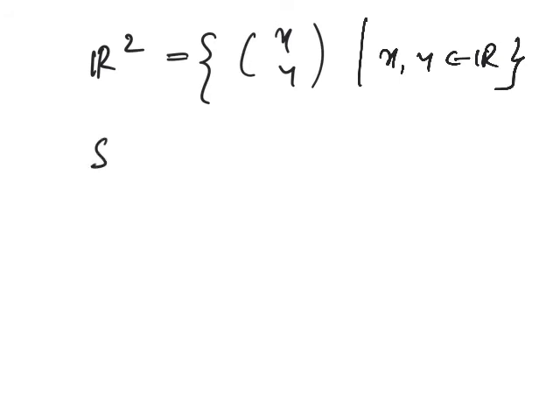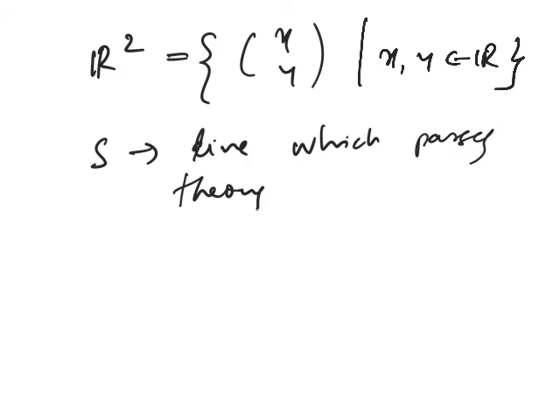I take S as the line which passes through the origin with slope minus 1.5.